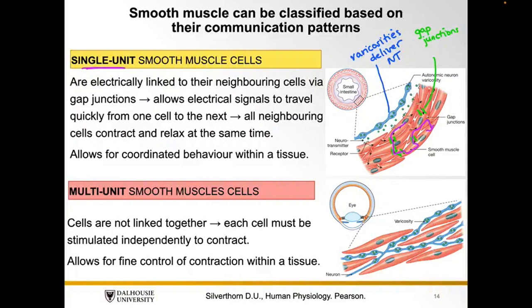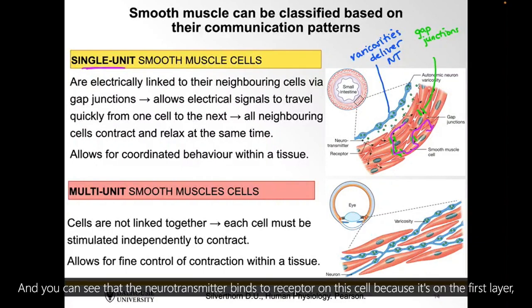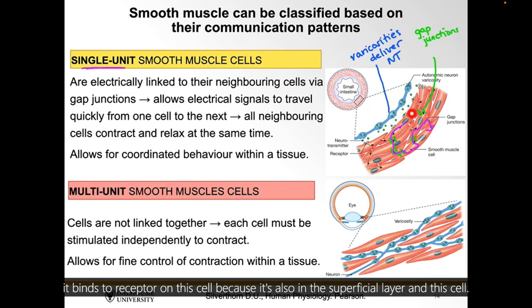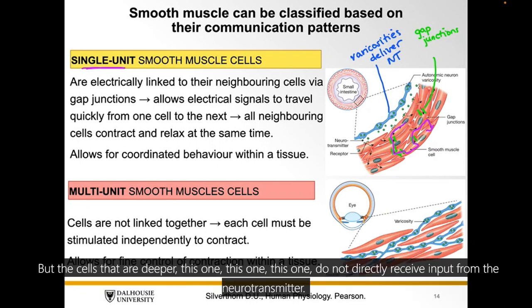The neurotransmitter here are those green dots, and you can see that the neurotransmitter binds to receptor on this cell because it's on the first layer. It binds to receptor on this cell because it's also on the superficial layer, and this cell. But the cells that are deeper, this one, do not directly receive input from the neurotransmitter.